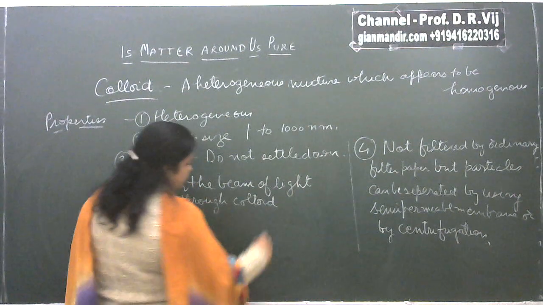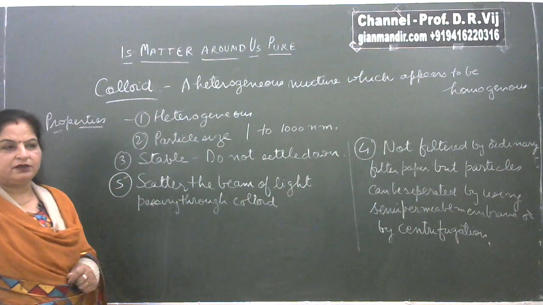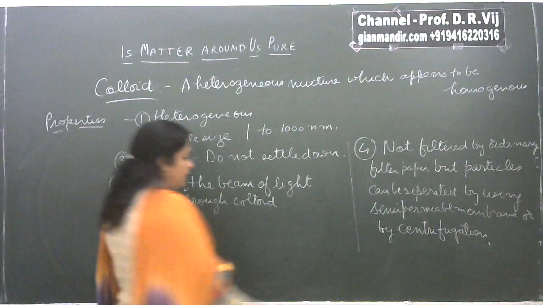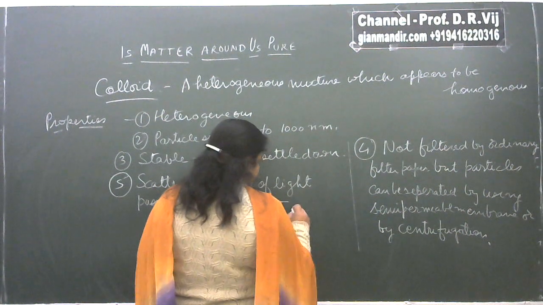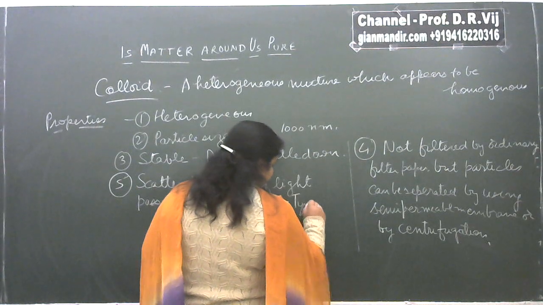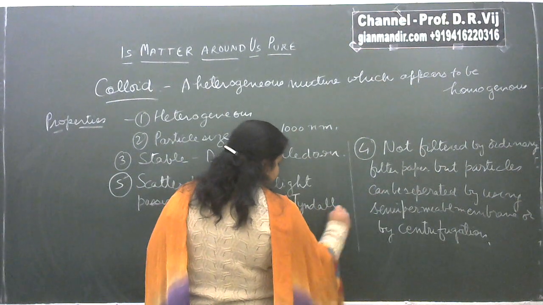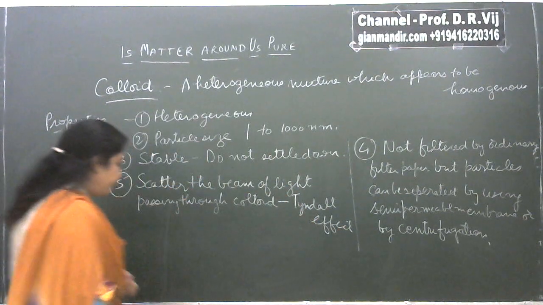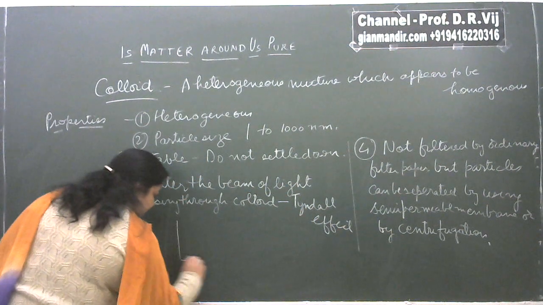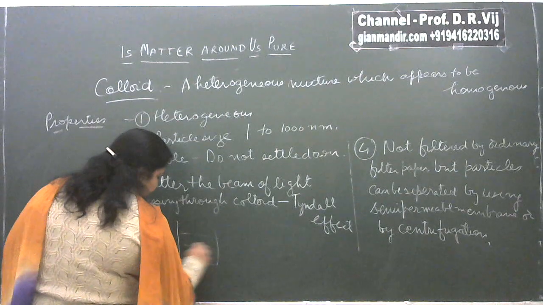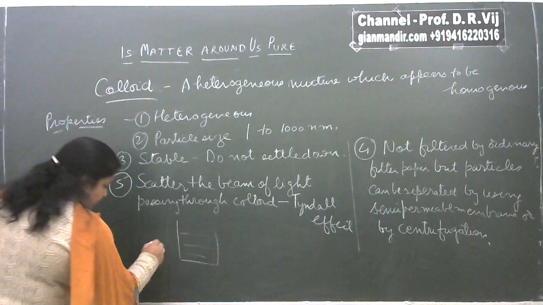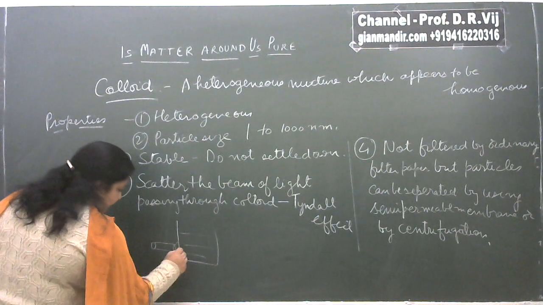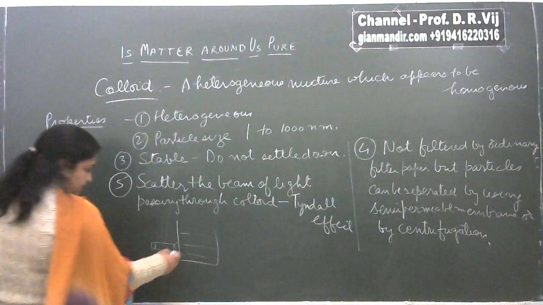So if we pass a beam of light through colloidal mixture, these colloidal particles scatter the beam of light, and this phenomenon of scattering the beam of light is known as what? It is known as Tyndall effect, right? So if we have a colloidal mixture in a container and if we pass a beam of light through this colloidal mixture, then what happens when the light enters the mixture?